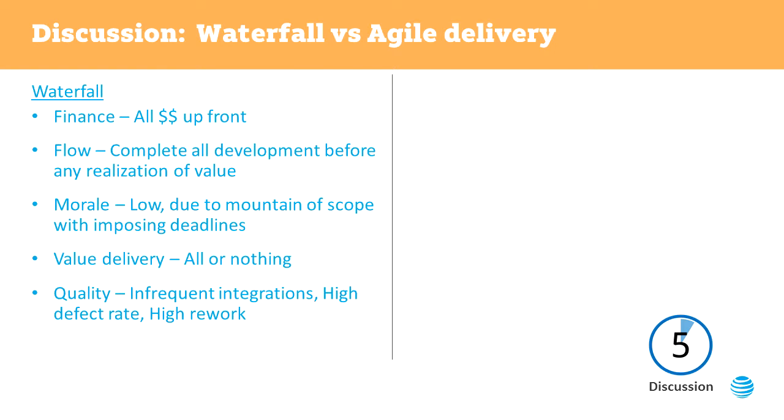When you look at a waterfall project and consider the financials, the full budget for the entire product has to be committed up front. In the flow of work, this is monolithic code. Waterfall is a model in which all development is complete before any delivery is performed.